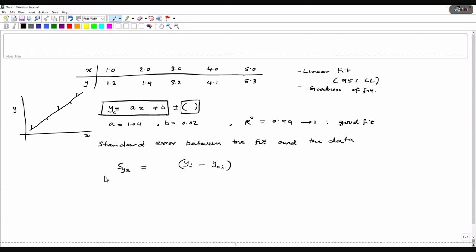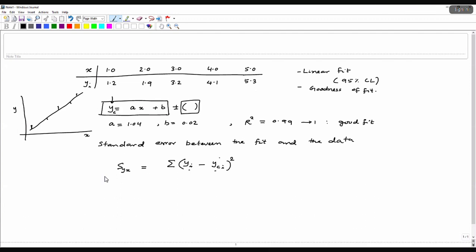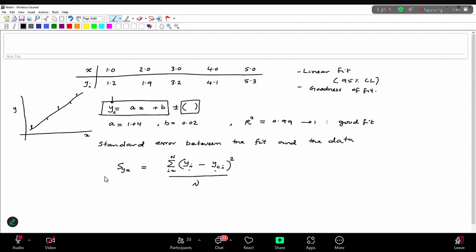The difference between the actual data, this is YI, this is YCI, the difference between the actual data minus that predicted from this curve fit, square of that, and sum it over I equal to 1 to n, divided by the degree of freedom, square root. This is the formula that is used to find standard error between the fit and the data.